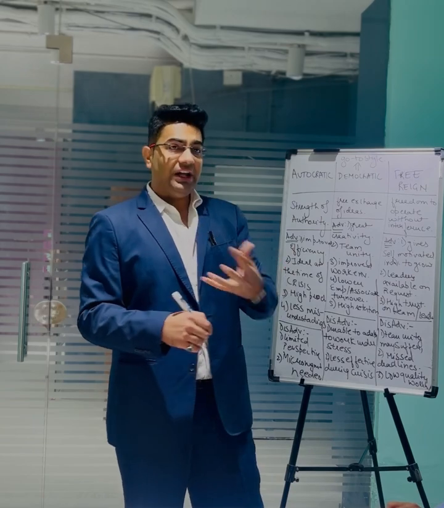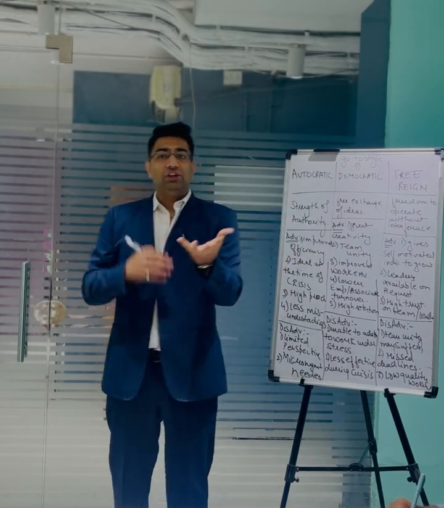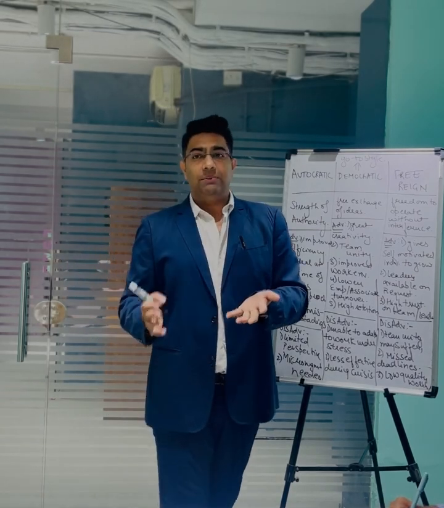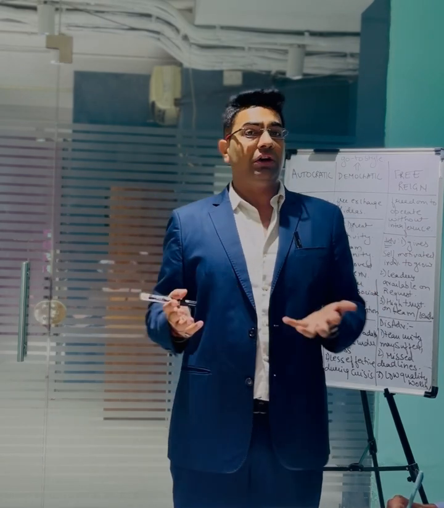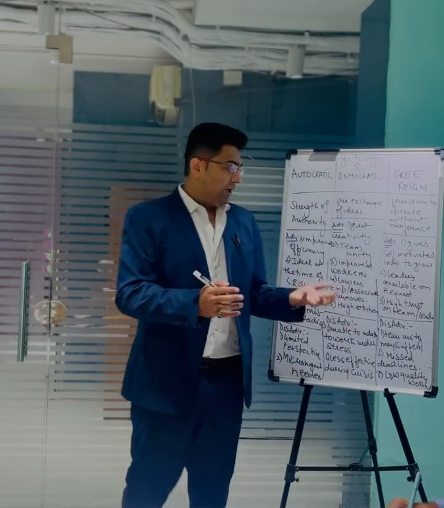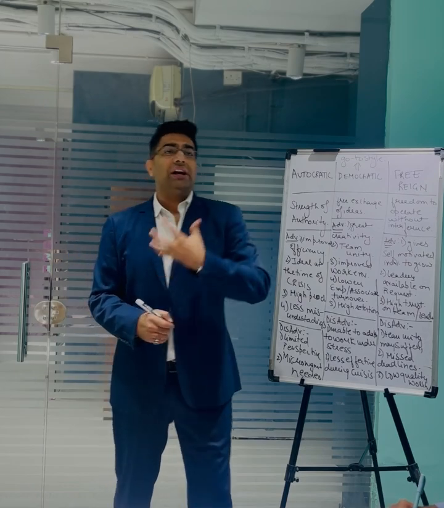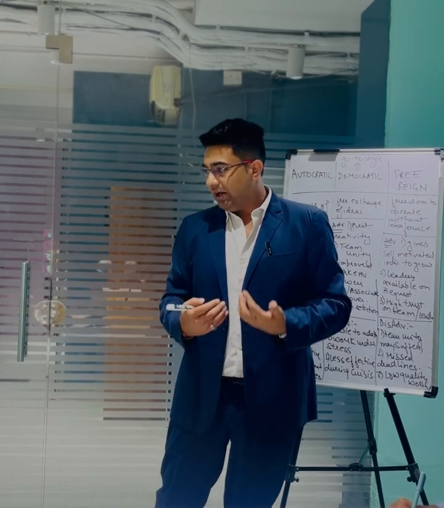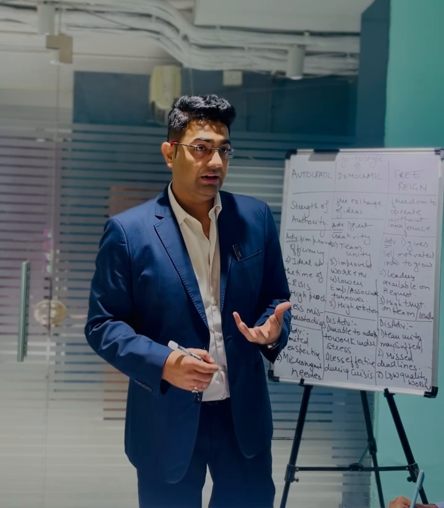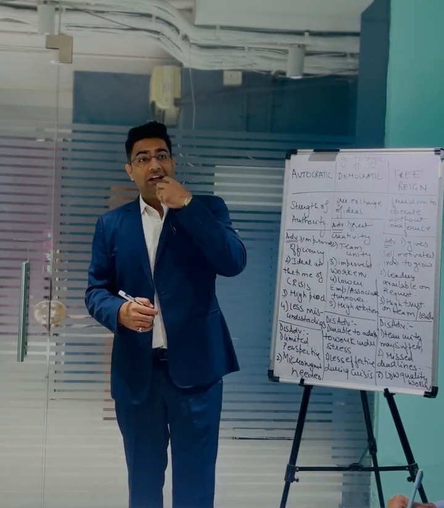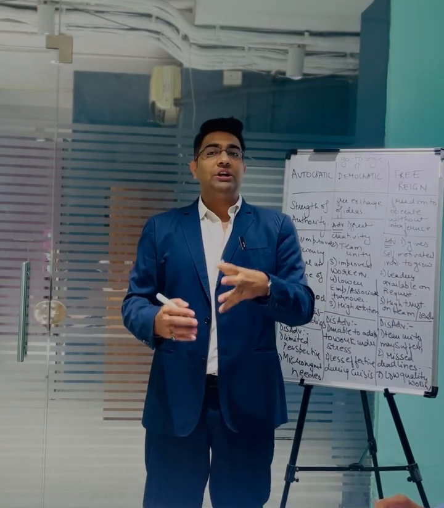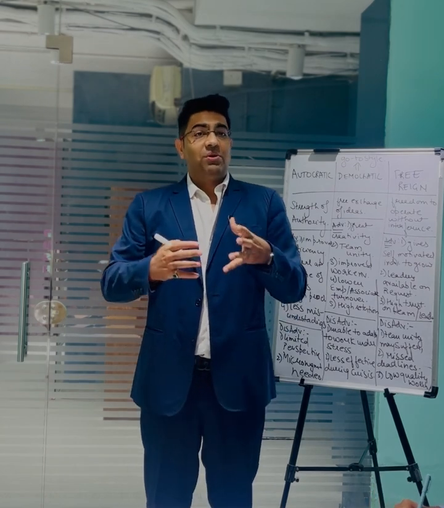Third, very important, I think this is why the retention of the team goes up and, as a unit, we do not lose too many people: the work environment improves when we are working in a democratic leadership style. When you're working under a democratic leader, the environment is more happy and more positive.